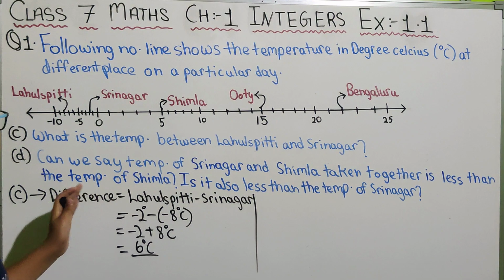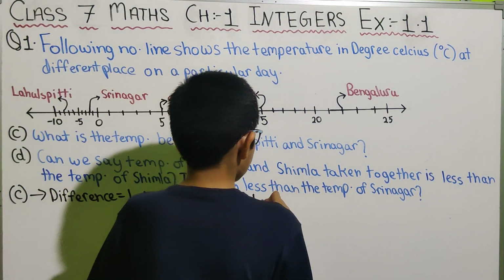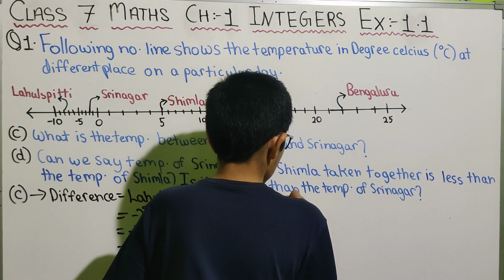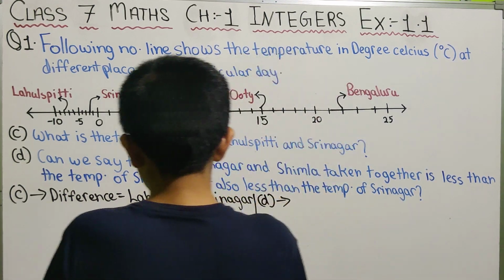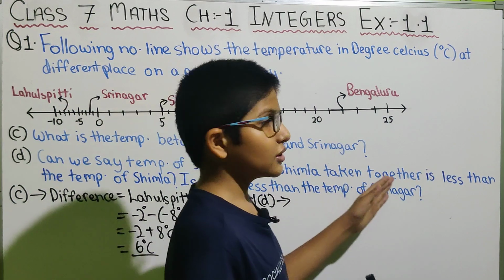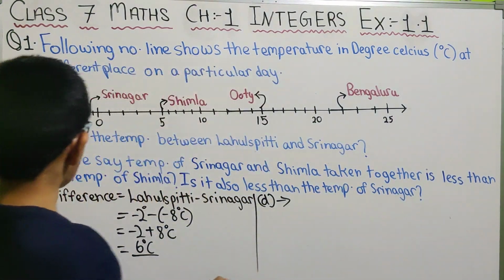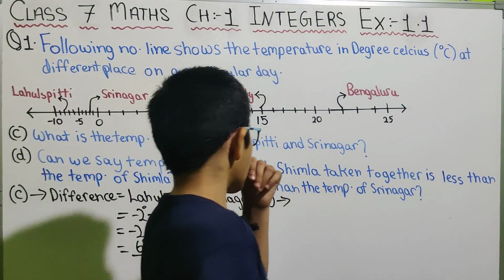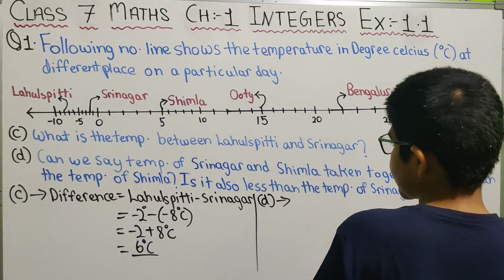So now let's move to D1 part. Here in this D1 part it is given: can we say the temperature of Srinagar and Shimla taken together is less than the temperature of Shimla? Is it also less than the temperature of Srinagar?